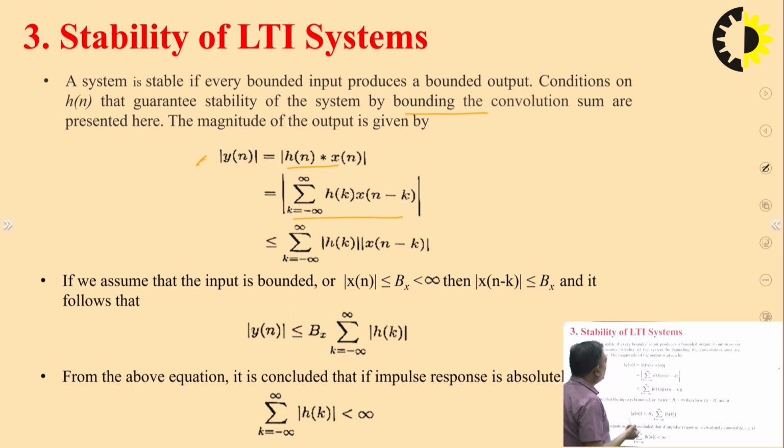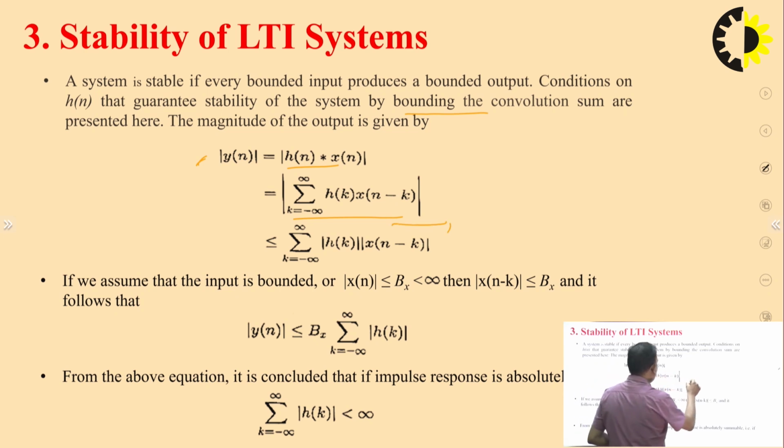Now as per the theorem, the absolute value of a summation is always less than or equal to the summation of absolute values. So we write it like this, and then expand it: mod of h[k] into x[n minus k], which we can separate in mod like this.